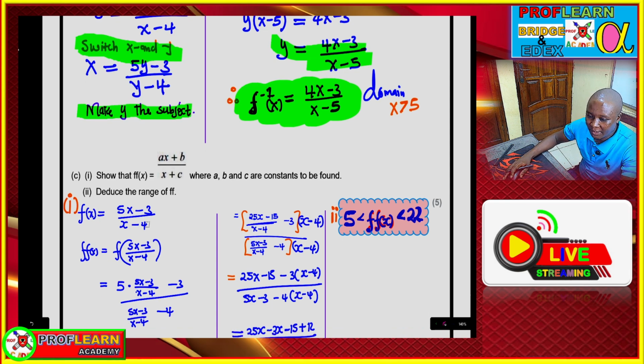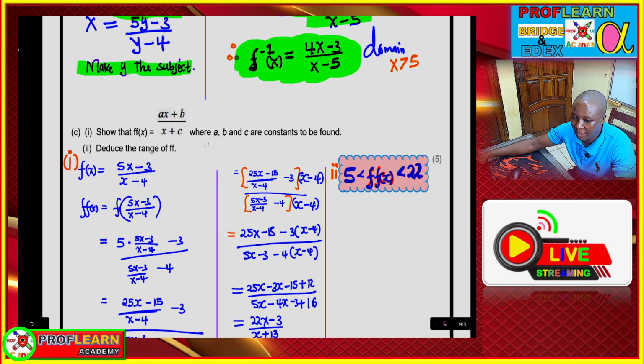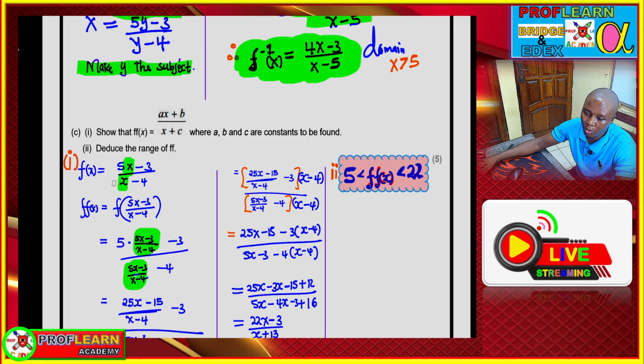Since we understand what f of x is, it means that anywhere you have x in this function, you are going to replace it with the same function. That is exactly what we are doing here. I've replaced 5x with 5 times 5x minus 3 over x minus 4, and where we have x down here, I've replaced it with 5x minus 3 over x minus 4.